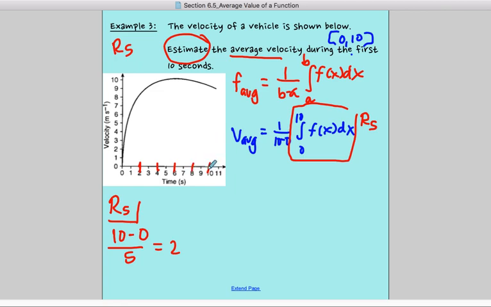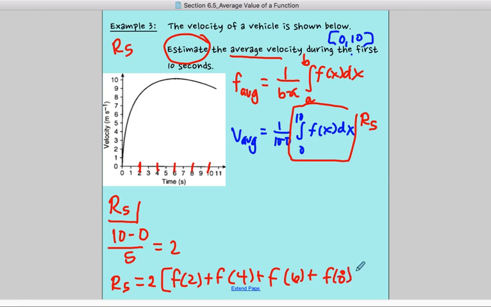I'm going to do right Riemann sums. So r sub 5 in this case will be 2 times f of 2, plus f of 4, plus f of 6, plus f of 8, plus lastly f of 10. It's getting crowded, sorry. Now let's go ahead and find those values.